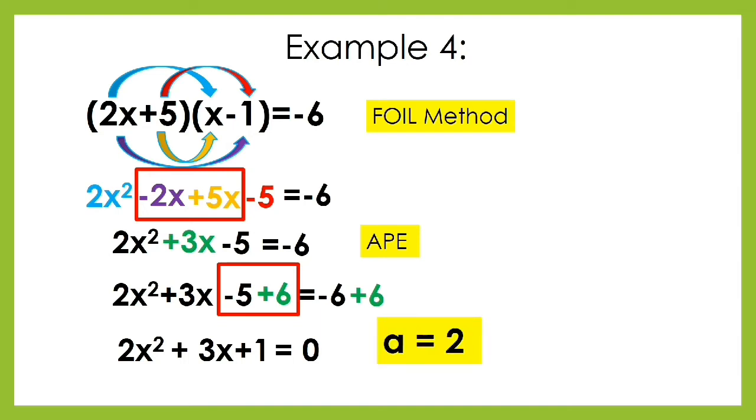Then identify the values of A, B, and C because we now have the standard form. Our A is 2. B is 3. And C is 1.